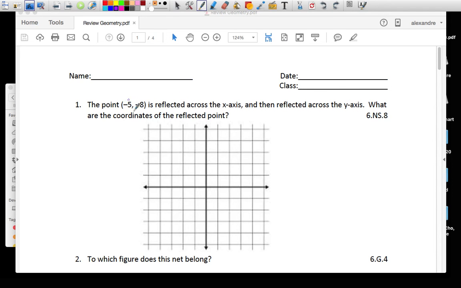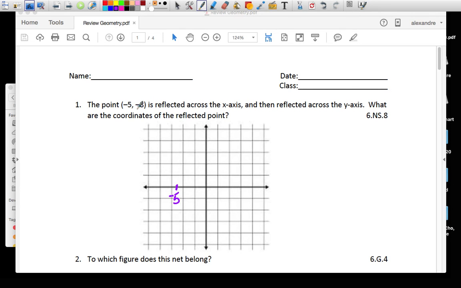So let's find where (-5, -8) is. Negative 5, negative 8. Let's go 1, 2, 3, 4, 5. Oh, I might have to change. You know what? Why don't we go by twos? Okay, so 0, negative 2, negative 4, negative 5 would be here.